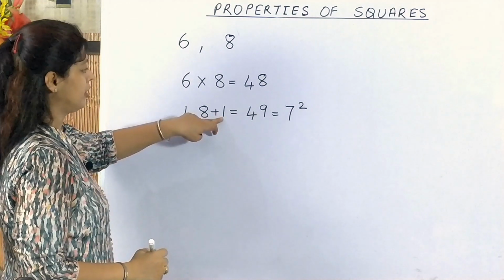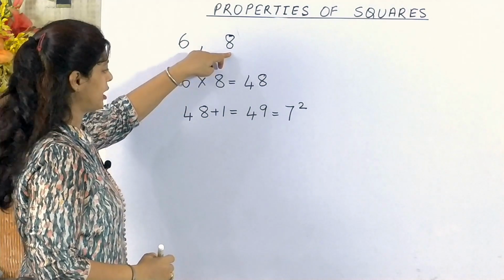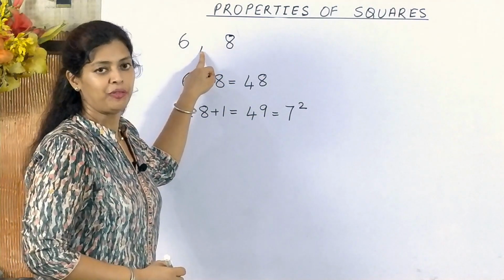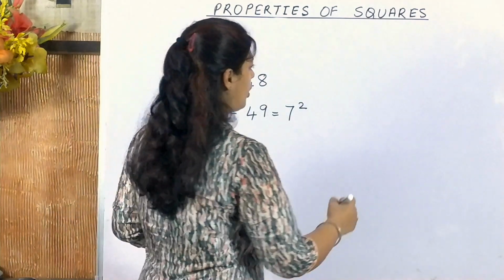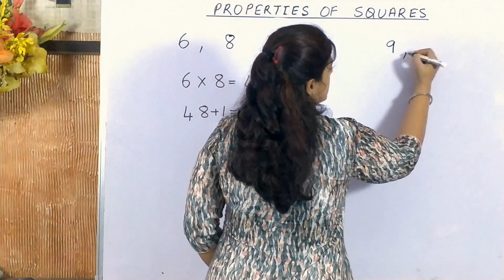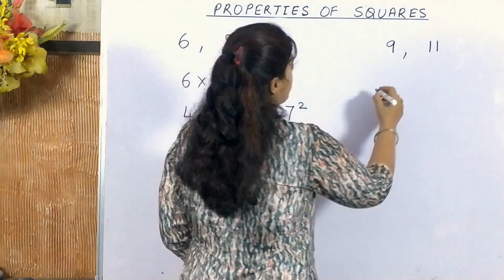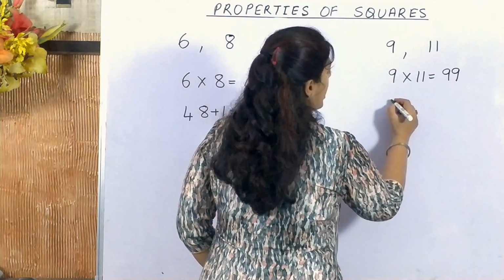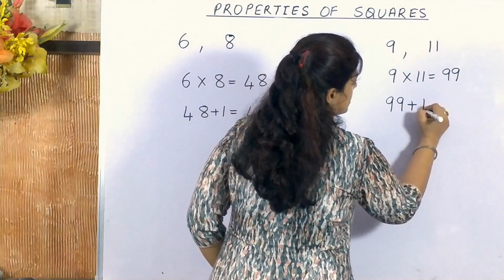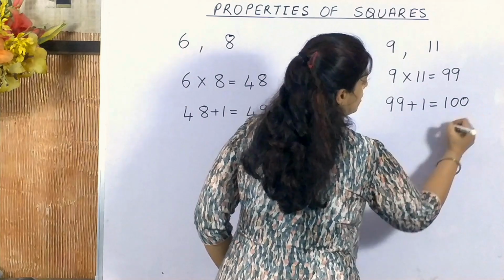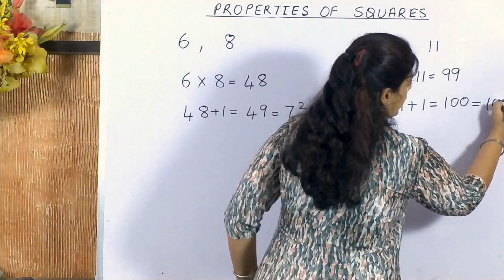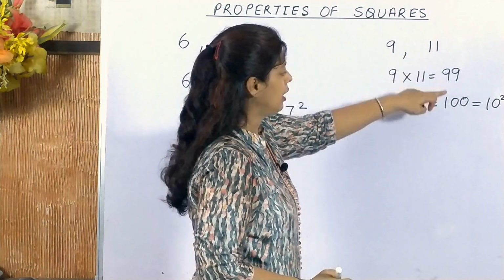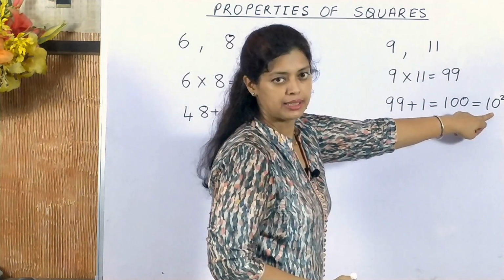So if I add 1 to the product of two consecutive even numbers, I get the square of the middle term. Here 7 is the middle term between 6 and 8. Now I take two consecutive odd numbers, say 9 and 11, and if I multiply 9 with 11, I get 99. If I add 1 to this product, that is 99 plus 1, I get 100. 100 is 10 square. So on adding 1 to the product of two consecutive odd numbers, I get the square of the middle term, which is 10.